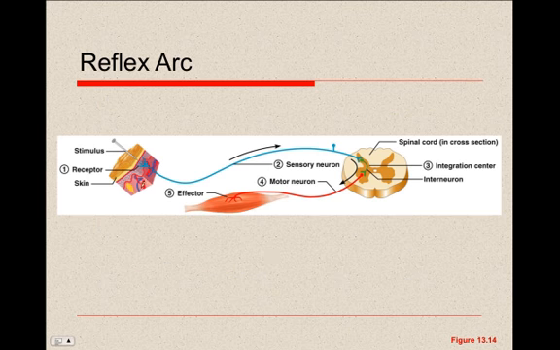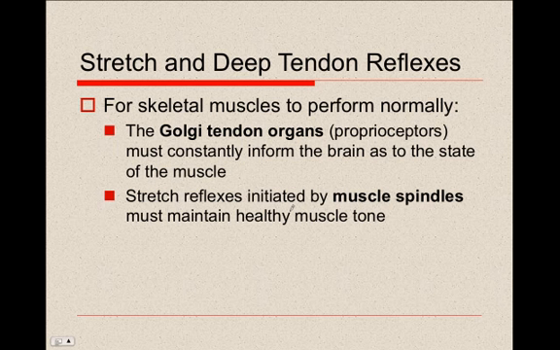So, again, this is just showing you what we talked about with the reflex arc. You'll see that we've got different types of sensors. The Golgi tendon organs that we'll talk about in the Golgi tendon reflex are going to be mostly proprioceptors, constantly informing the brain as to the state of the muscle.